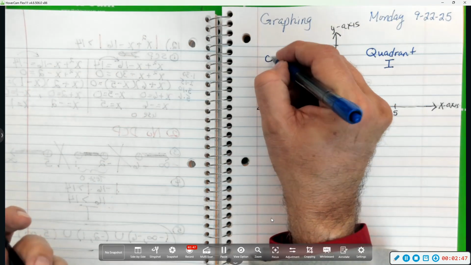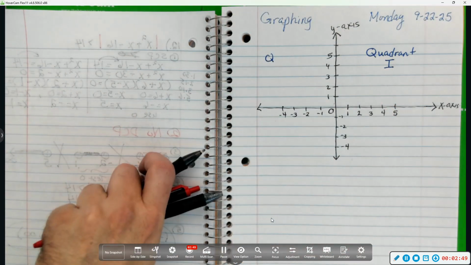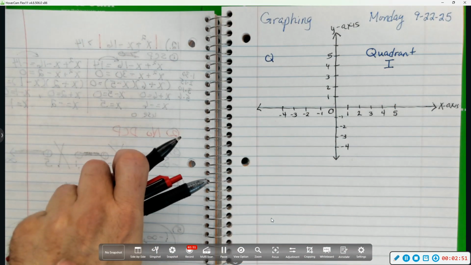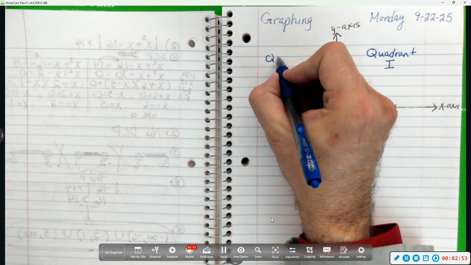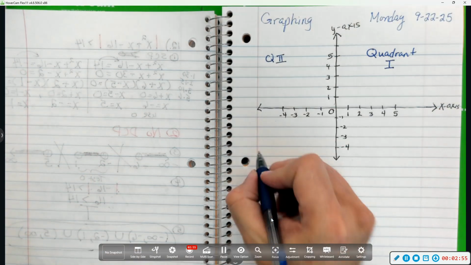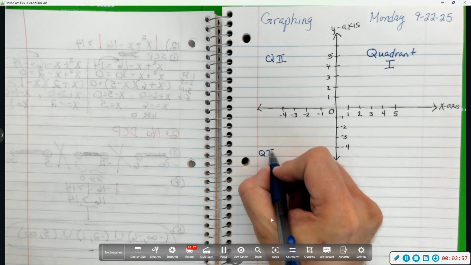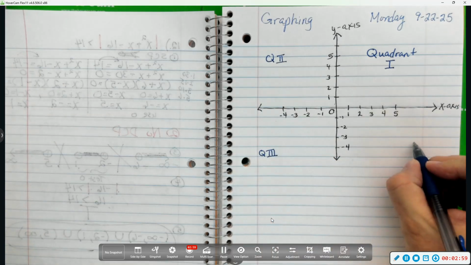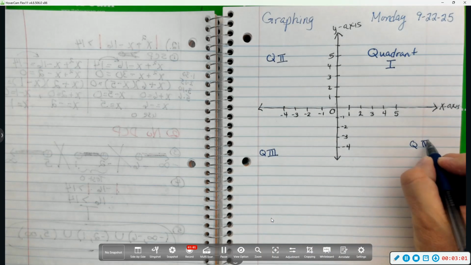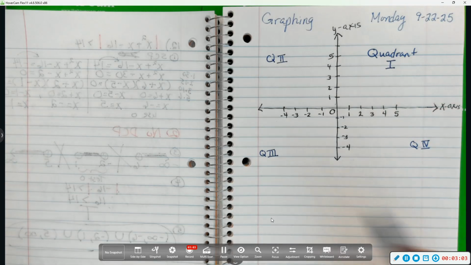Then we go around in a counterclockwise direction: quadrant 2, quadrant 3, quadrant 4. That's a Q, and then 1, 2, 3, 4.